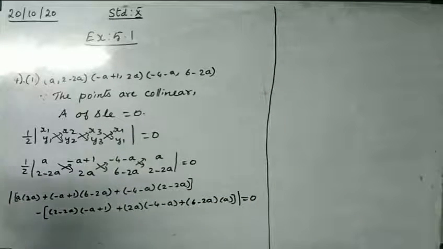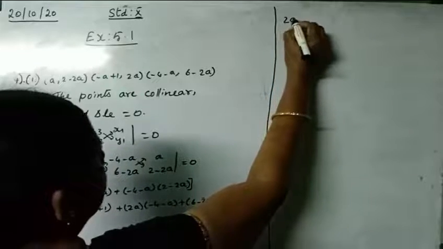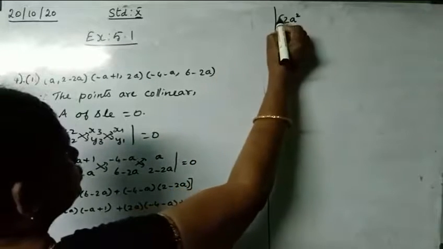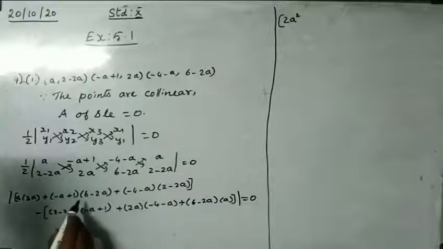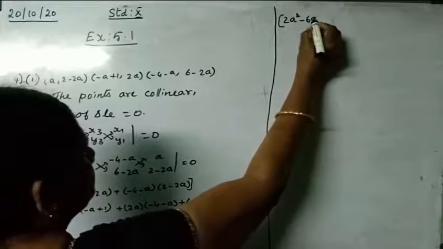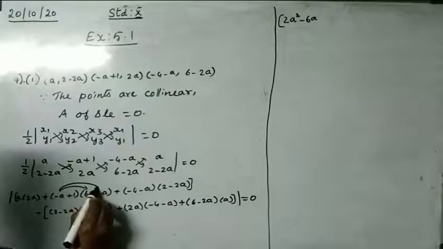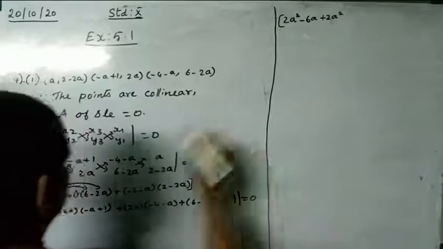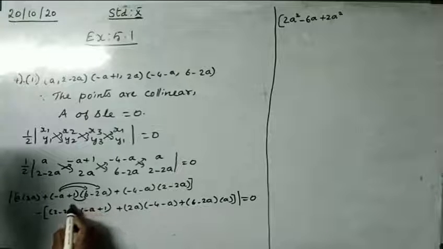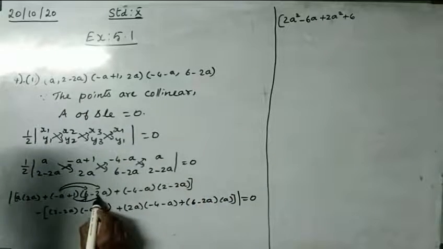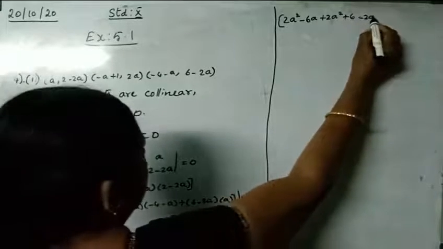First a into 2a is 2a square. Now let me remove the modulus and let me write. Take it as a whole bracket, so my plus 2a square. Now minus a into 6 is minus 6a. Minus a into minus 2a is plus 2a square. Then 1 into 6 is plus 6. 1 into minus 2a is minus 2a.